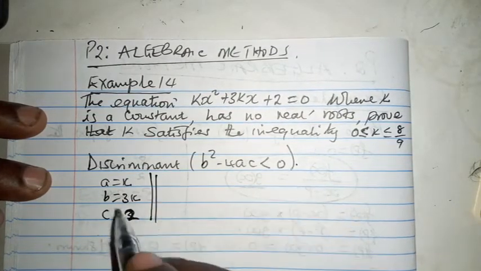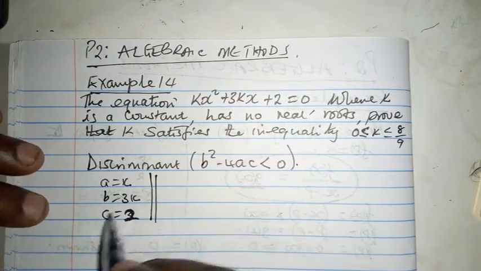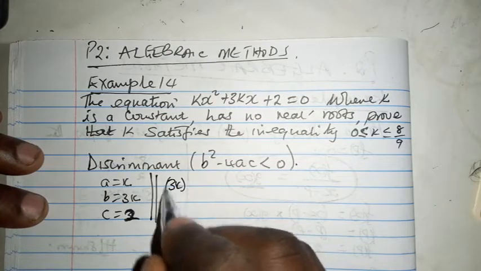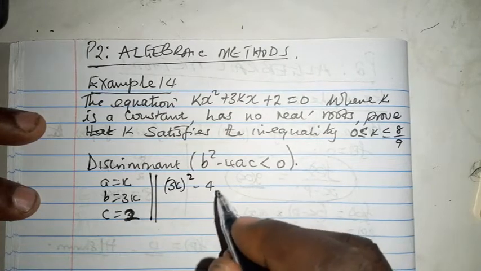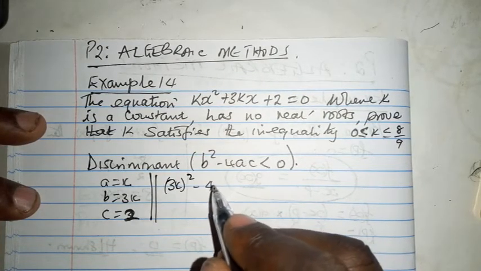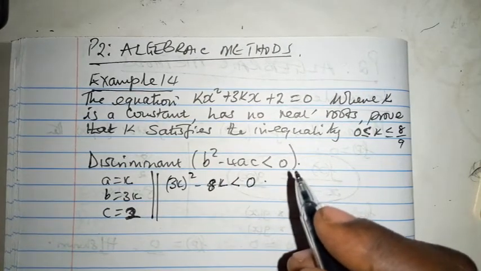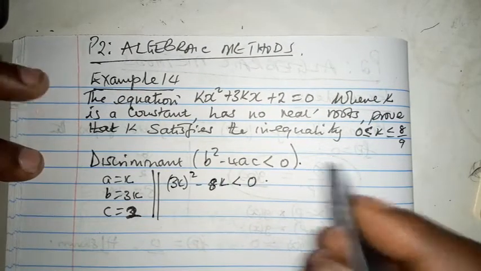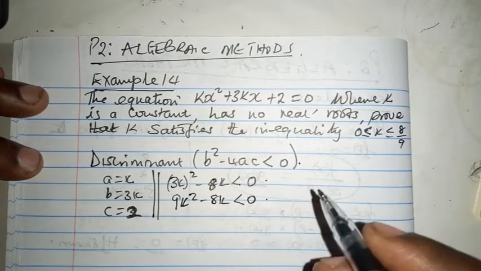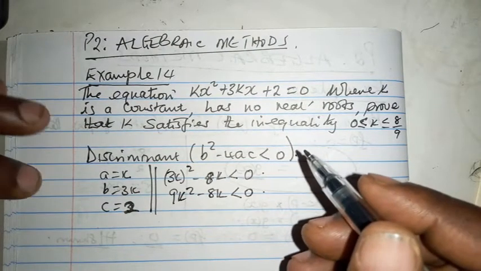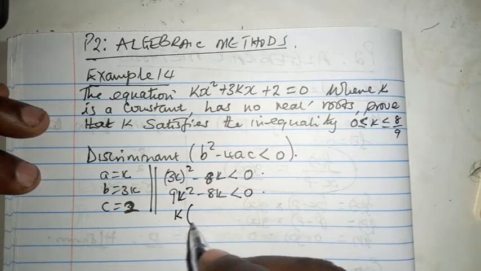Exactly. So we need to substitute here and say b squared, which is 3k squared, minus 4 times a times c, 4 times k times 2, which is 8k, is going to be less than 0. And this is 9k squared minus 8k is less than 0 if this function has no real roots. And of course, you realize that k is common.